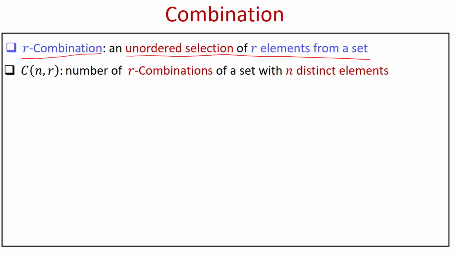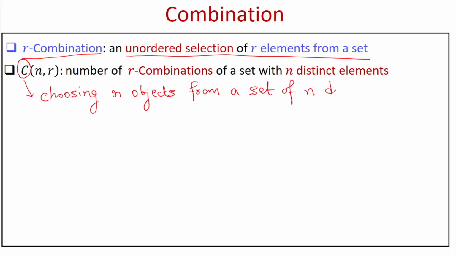So we use this notation, the C function, the combinatorial. This is often treated as choosing r objects from a set of distinct objects.